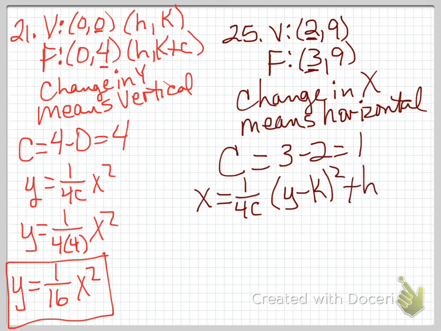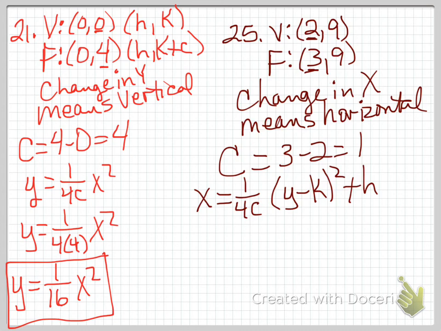Why did I write it all out? Because my vertex at 0, 0 in number 21 meant that I didn't have an h and a k to put in there, so I could use the condensed version. On number 25, my vertex is not at the origin, so I actually have an h and a k. So we need to make sure that we take care of those.